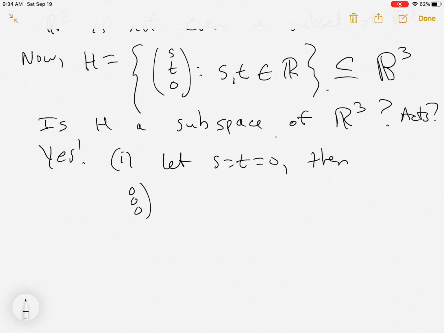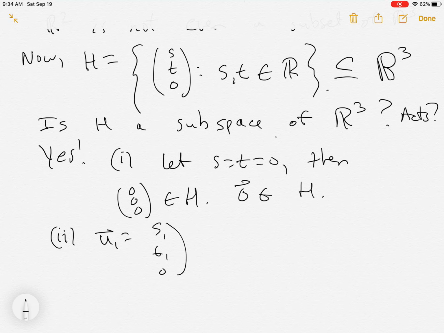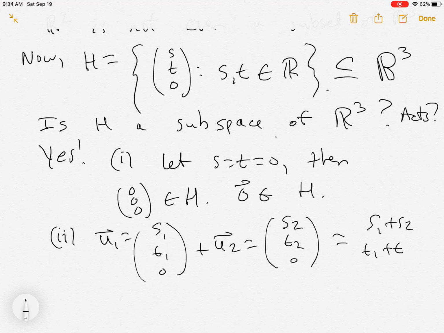Then 0, 0, 0 is in H. So the 0 vector is in H. So if you take U1 and call it S1, T1, 0 and add it to U2, which is S2, T2, 0, you get S1 plus S2, T1 plus T2, 0, and that's in H because real numbers are closed under addition.